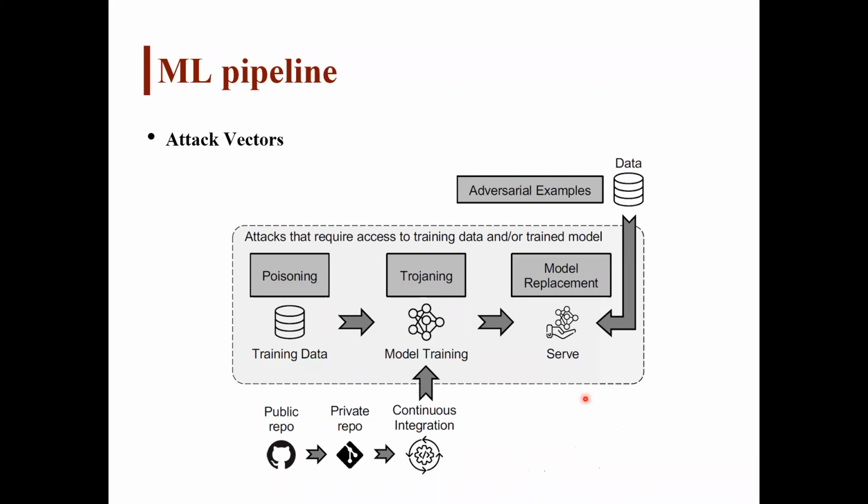Based on these machine learning pipelines, we can see that backdoor attacks can be conducted in different steps. For example, we can craft specific data to conduct poisoning attacks.